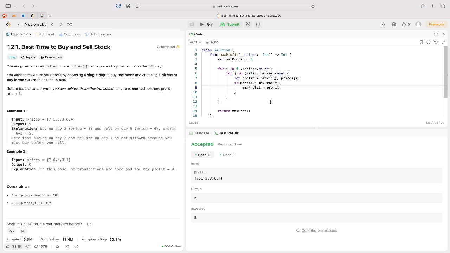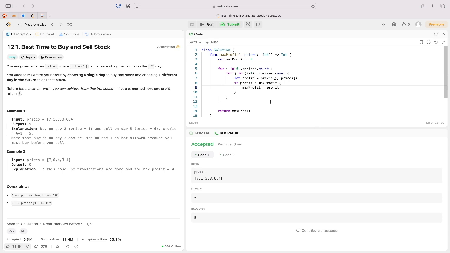What loop can we get rid of? So we have max profit.